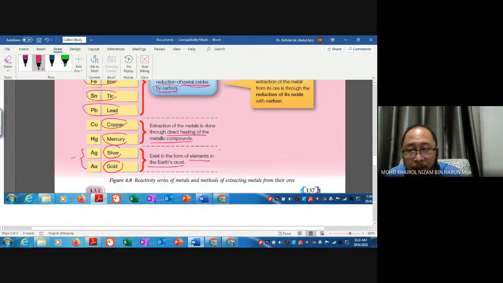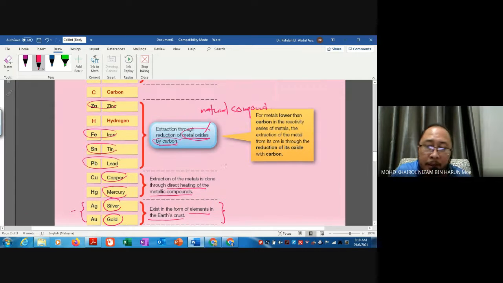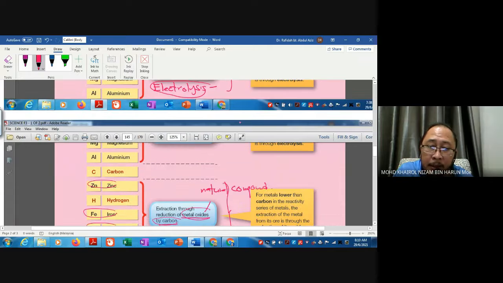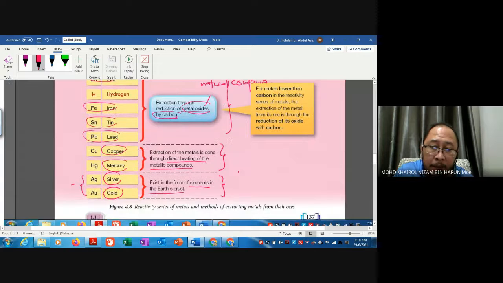So exactly no method for this one. So we have three methods for different metals to extract the metal from their ore. So I hope that you can remember the methods given here based on the different metals.